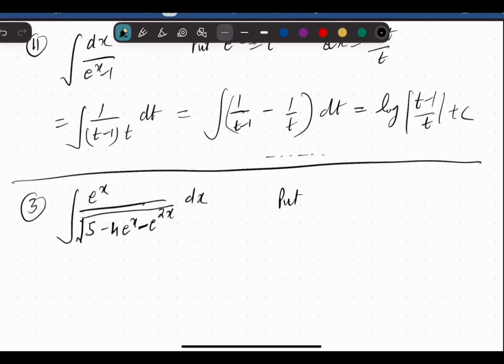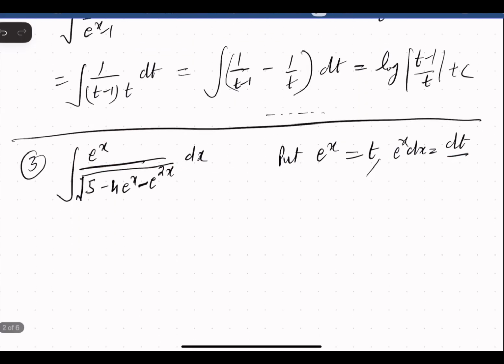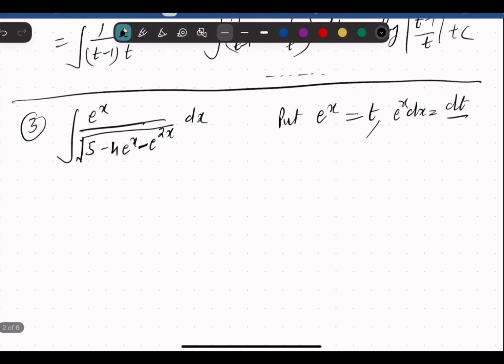I will put e power x equal to t, and you will get e power x dx equal to dt, because you already have e power x here. Just replace: this equals dt over the square root of 5 minus 4t minus t square.